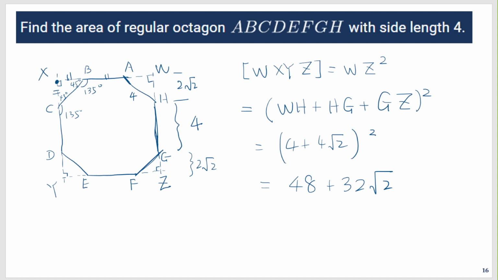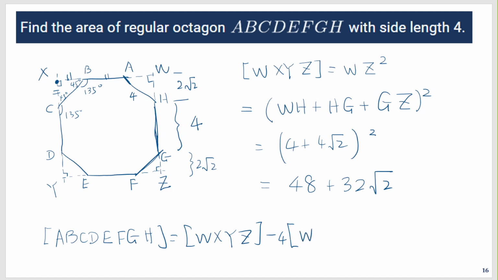And then we know the area of ABCDEFGH should equal the square WXYZ subtracted by the area of 4 triangles WAH, which is 48 plus 32 square root 2 minus 4 times 1/2 of 2 square root 2 squared, right?